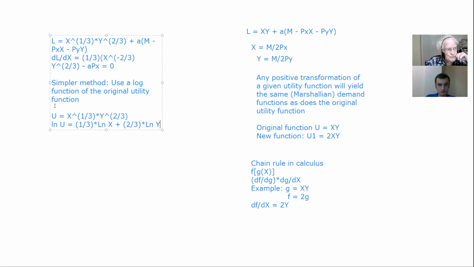Now we can replace the original messy non-linear utility function with a simple linear function through the log transformation. Because the log is a positive transformation of u, we will have the same solution for x and y.